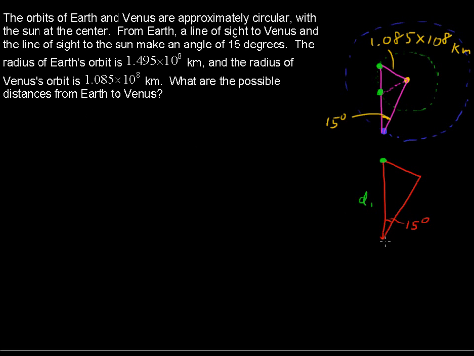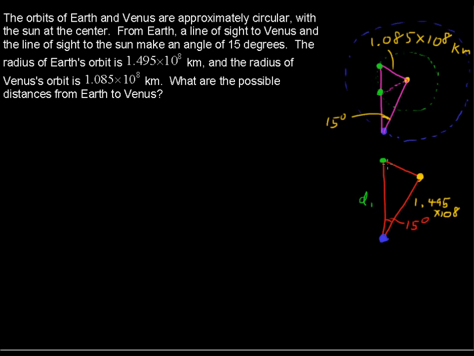So I'll just relabel that. We've got Sun in the center. This distance from the Earth to the Sun is 1.495 times 10 to the 8th kilometers.